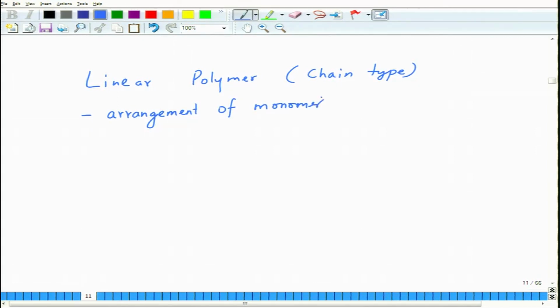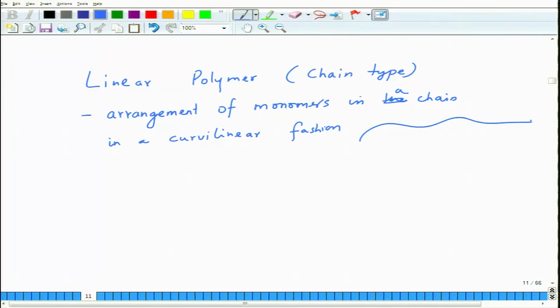It is an arrangement of monomers in a chain in a curvilinear fashion, like this. And then you have what we call network polymers.